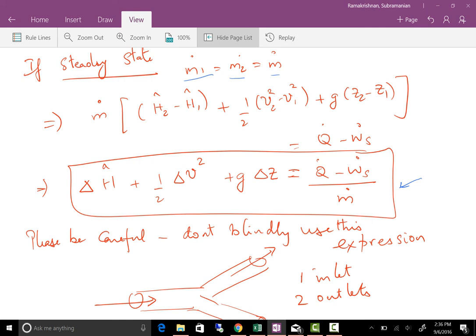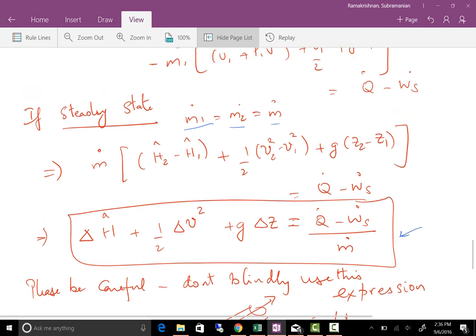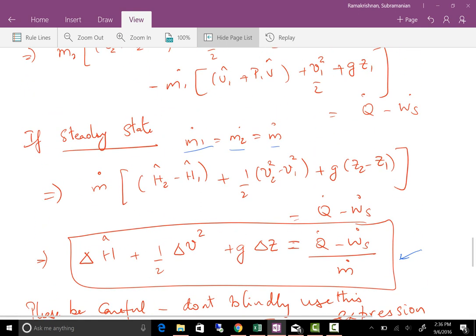So please, this is a very simple mathematical expression. You should be able to derive this expression. So please spend some time going through this derivation and make sure you can get to this final expression. Again, the sign conventions for Q dot and WS dot are going to be important. You're going to be using this formula in a number of problems.